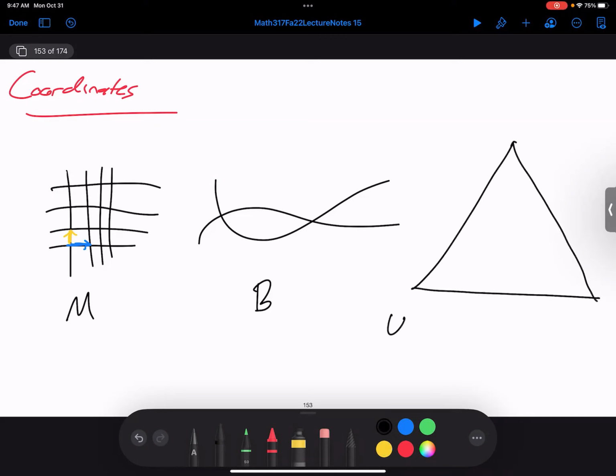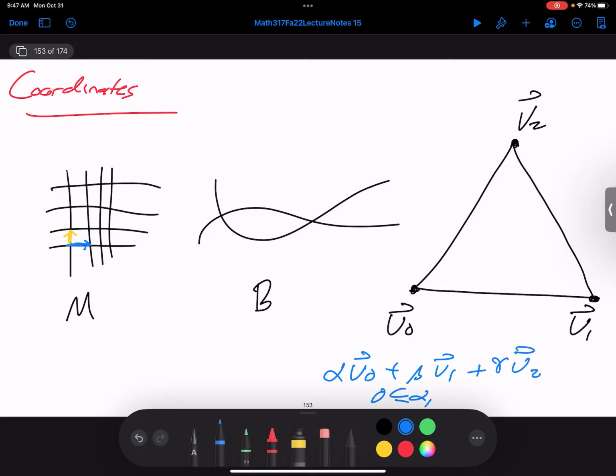And so maybe I'll call this V0, V1, V2. And I'm going to represent something as maybe alpha V0 plus beta V1 plus gamma V2, 0 less than or equal to alpha, beta, gamma, and alpha plus beta plus gamma equals 1. Or instead of alpha, beta, gamma, maybe I'll use alpha 0, alpha 1, alpha 2. That might be better notation.